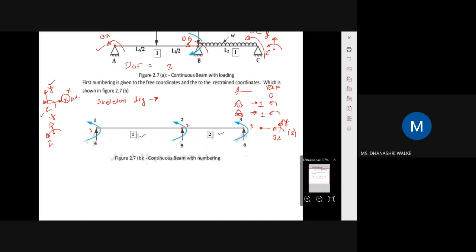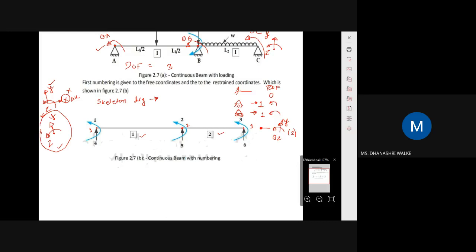So in case of beam, what is your global coordinate system? This will be your global coordinate system. Vertical is y and rotation is z. So this you have to keep in mind, and in this direction we have to assign a coding. Okay. So first numbering is given to the freedom code, in ascending order, and then to the restraint.